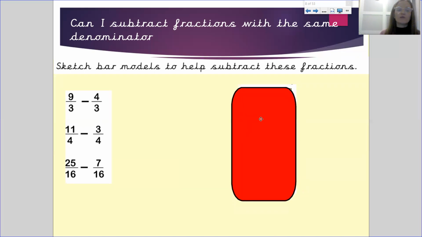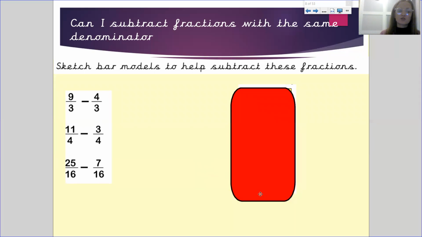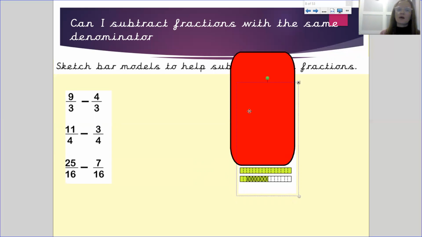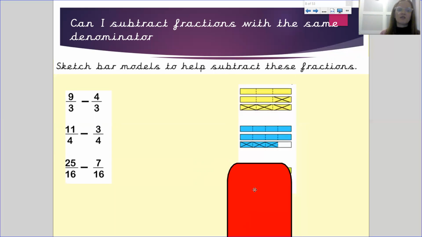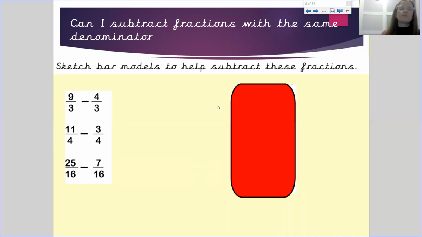So for example, if it's showing thirds, they've actually drawn 3 bar models to go with that question. With the 16ths, they've actually drawn 2. And then with the quarters, they've actually drawn 3 bar models. They're identical, but use those to help you work these out. Go back to your steps that you used as well and work through these.